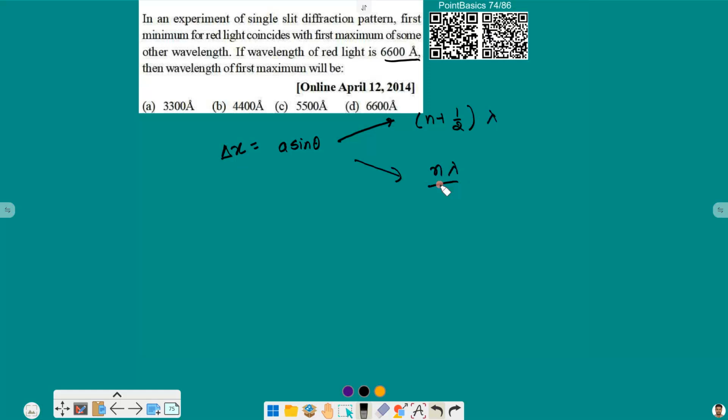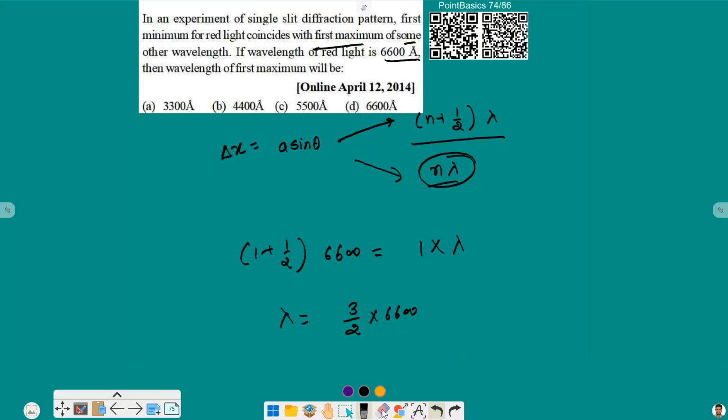So here we have first maxima, so that will be 1 plus half into lambda, and lambda for the red is 6600, equal to first maxima for some other wavelength. So for that we will have this relation, and that will be 1 into lambda. So from this lambda will be 3 by 2 into 6600.